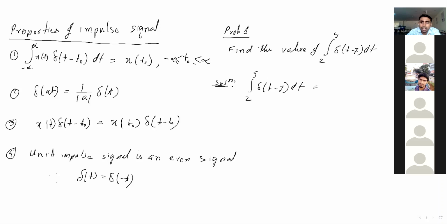So the output will be 0. You can ask questions if you don't understand these problems. This is very important. I have already written in the first property that the t0 value, that is 7, should be greater than the lower limit and less than the upper limit. But here 7 is beyond 5, so the integration of the signal is 0. This is problem 1.